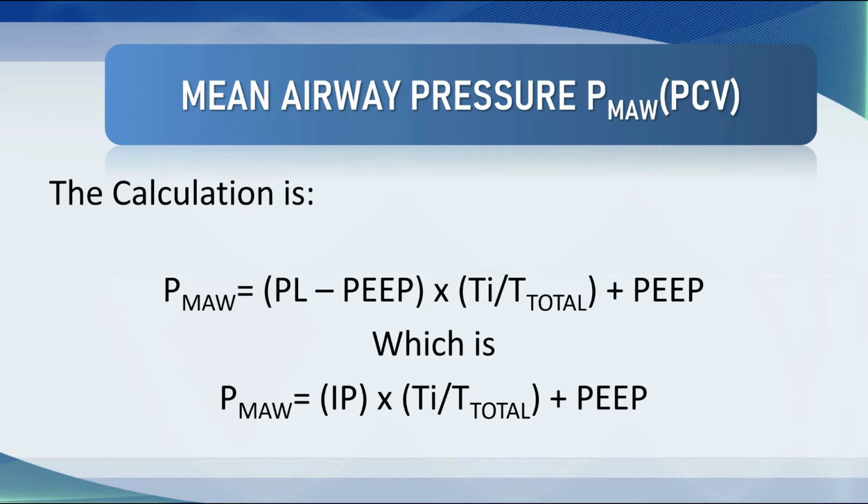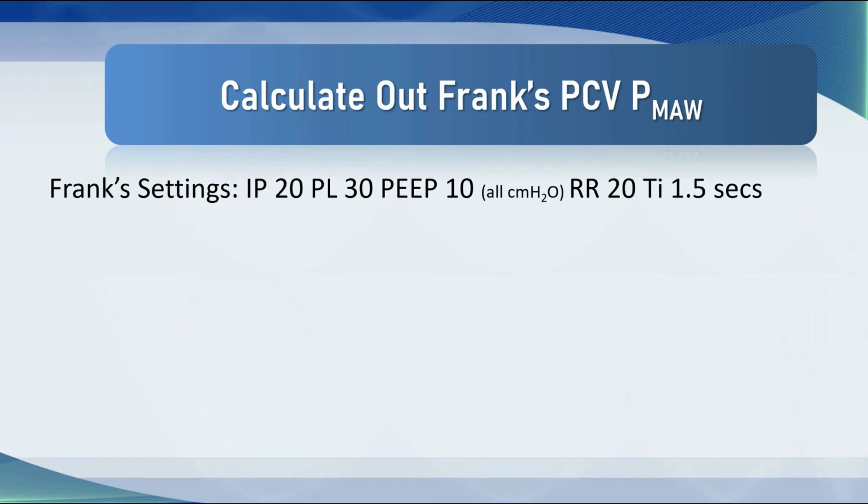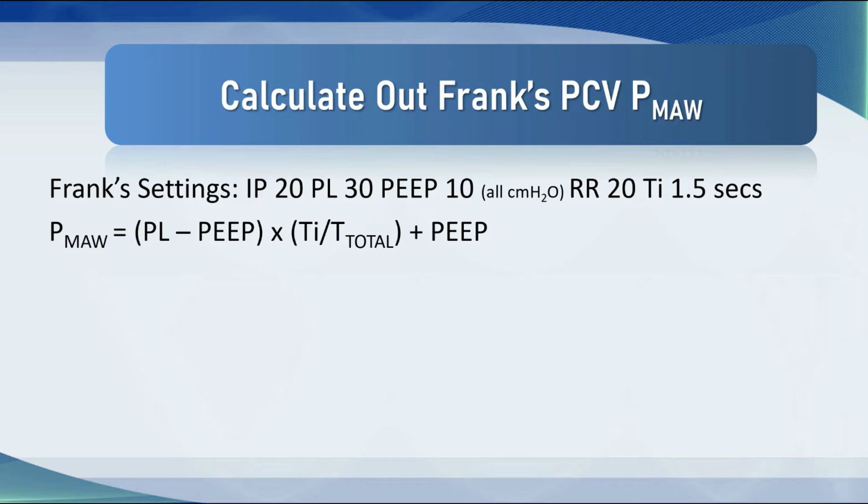Now let's return to Frank and plug his numbers into this calculation. Remember his settings: an IP of 20, a PL, that's the plateau pressure, of 30, a PEEP of 10, all in centimeters of water, respiratory rate of 20, an inspiratory time of 1.5 seconds. And here is the calculation. So let's just work this out.